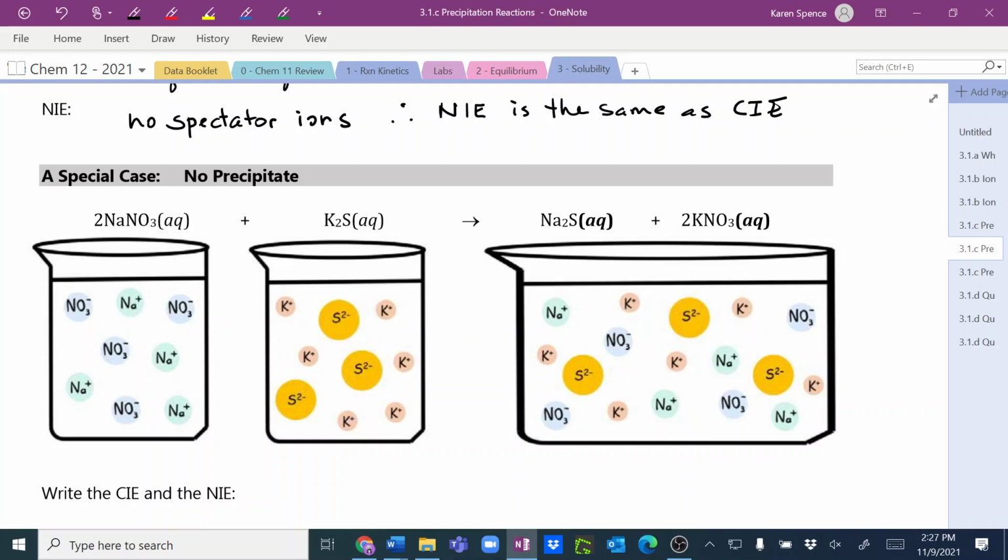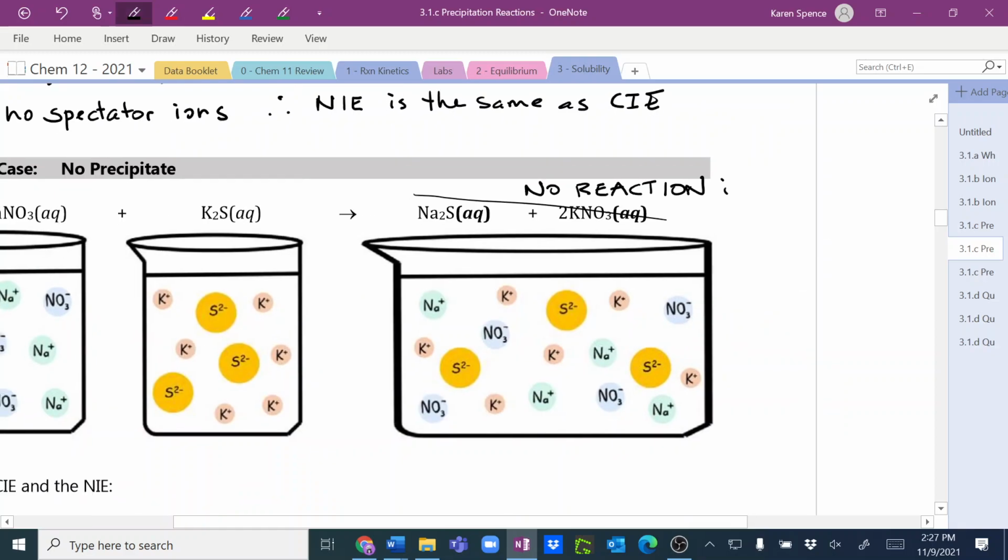In fact, you don't even need to write that. You can just write no reaction. If you write it, it's fine, right? But no reaction if both products are aqueous.